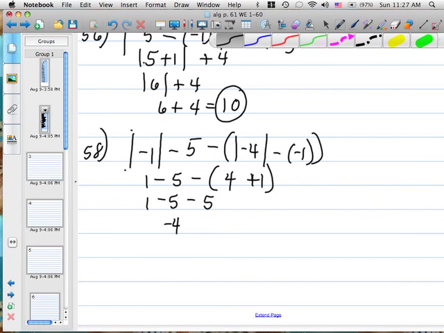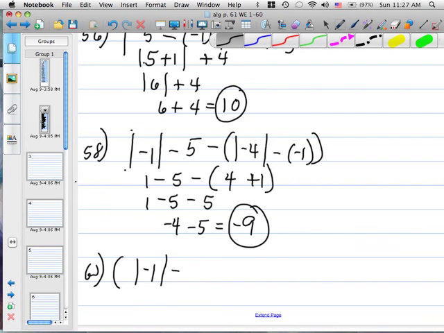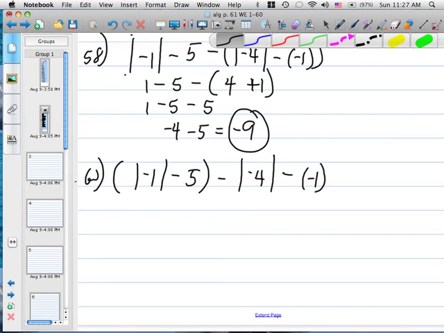58, the absolute value of C, and C is negative 1. The absolute value of negative 1, which is C, minus B, which is 5, minus the quantity, the absolute value of A, put in negative 4, minus C, which is negative 1. Okay, the absolute value of negative 1 is 1, so we have 1 minus 5, minus, and then work out what's in parentheses.